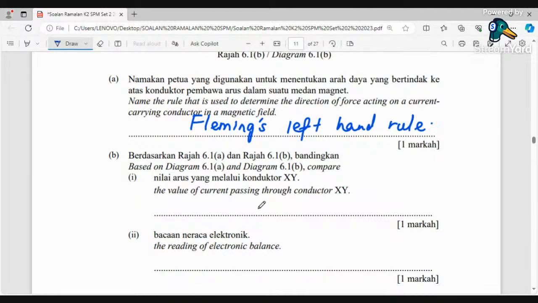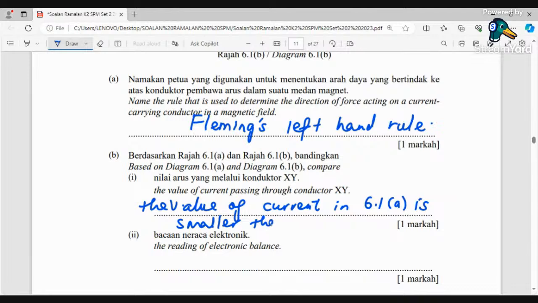Okay, B1, compare the value of current. So for current in 6.1A is smaller in 6.1B.